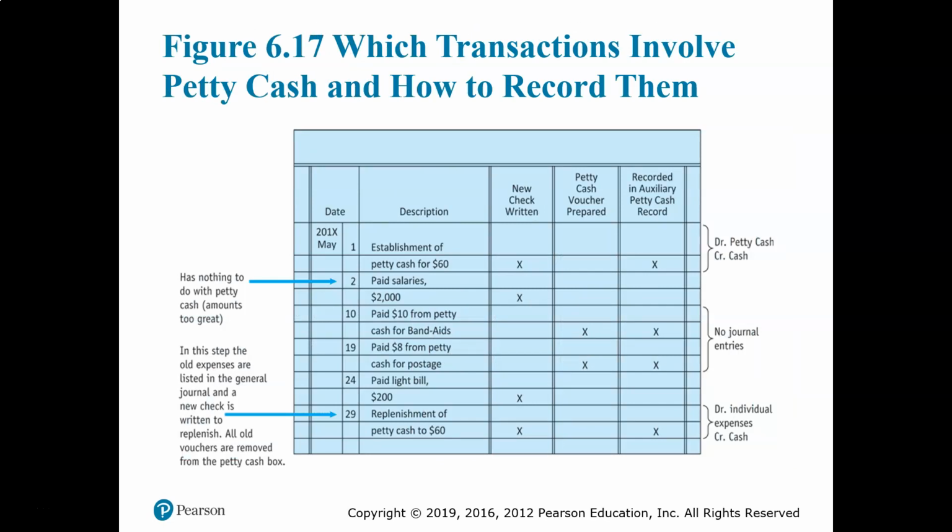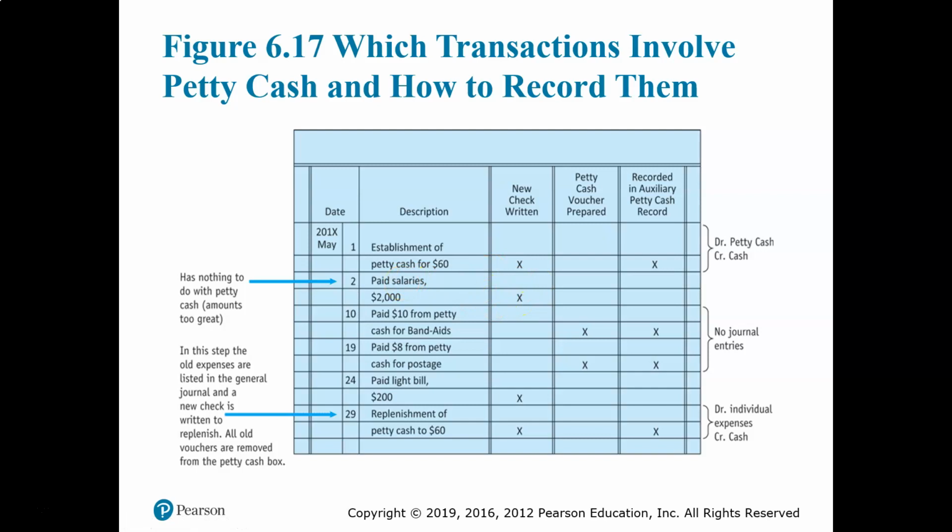So which transactions involve petty cash and how to record them? The establishment of a petty cash fund requires a journal entry and also goes in the auxiliary petty cash record. Paid salaries, that's not going to be out of petty cash. That's just out of regular cash, right?